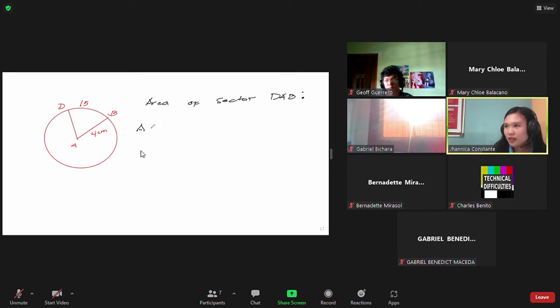So area of sector DAB is equal to the measurement of the arc DB divided by 360 times the area of a circle, which is pi r squared. So we have 15 over 360 times 3.14 times our radius, which is 4 centimeters squared.